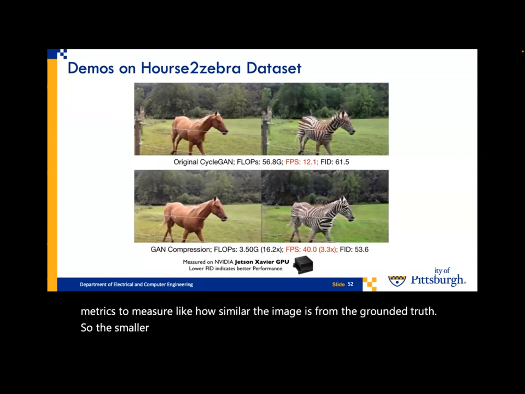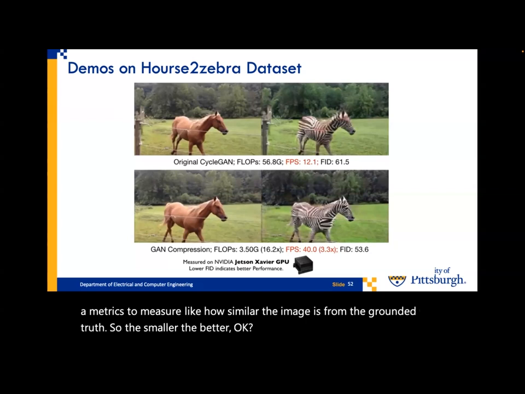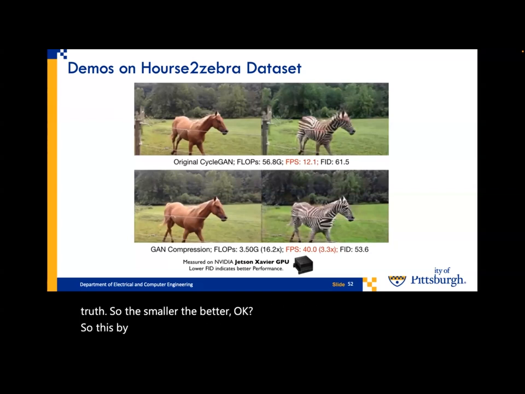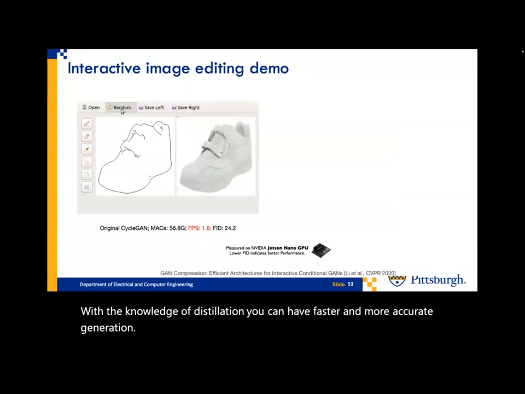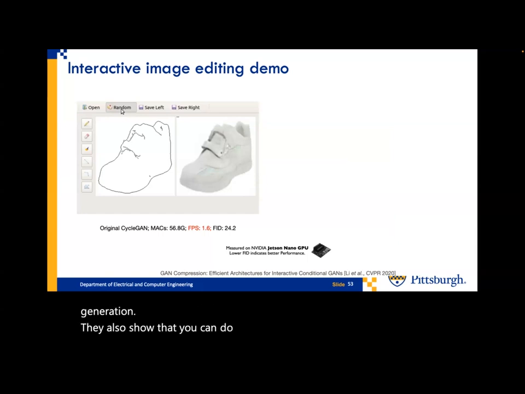So with the knowledge distillation, you can have a faster and more accurate generation. They also show you can do interactive image editing because it's fast enough.